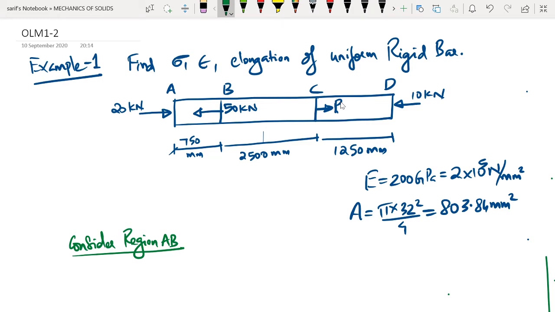Let us consider forces to the right as positive. Therefore 20 minus 50 plus P minus 10 will be equal to 0. So we will get P as 40 kilonewton. So 40 kilonewton will be the value of P.